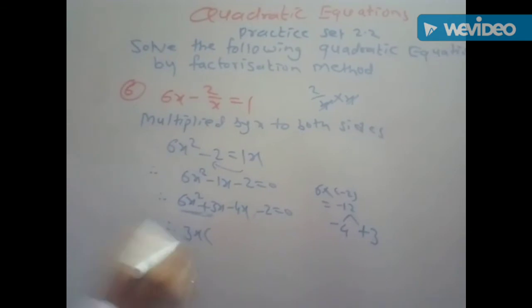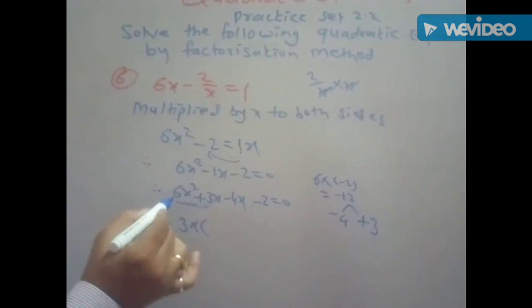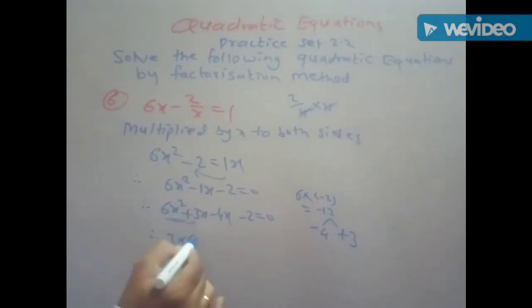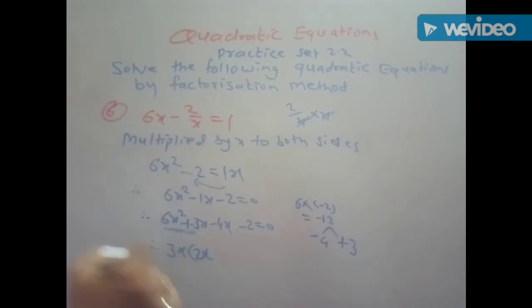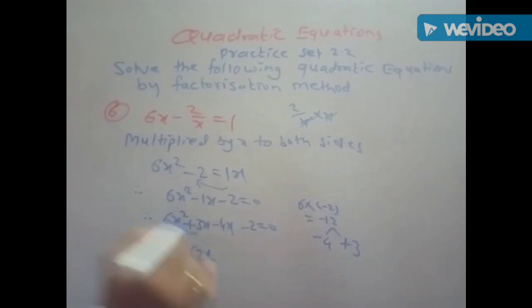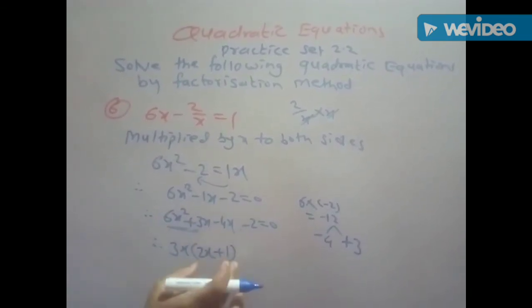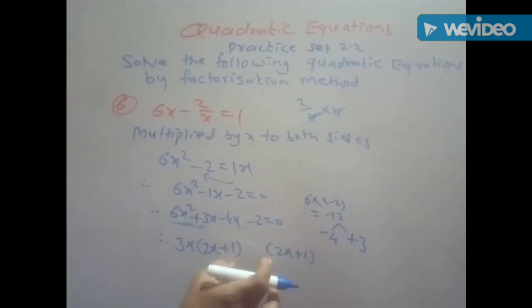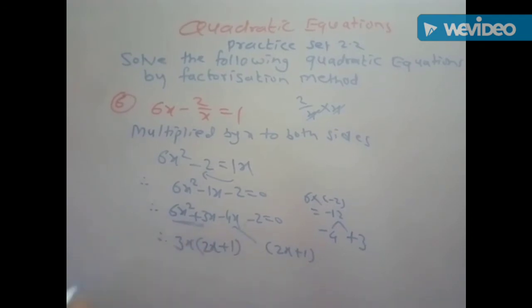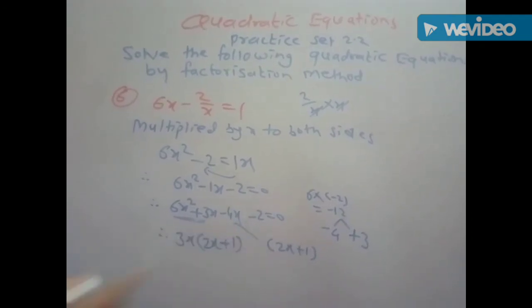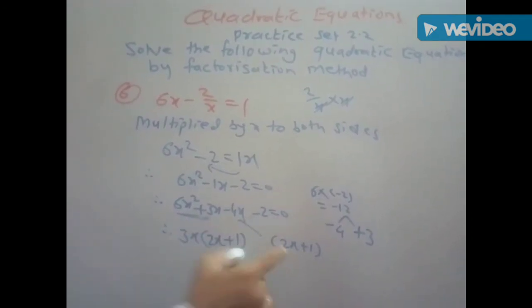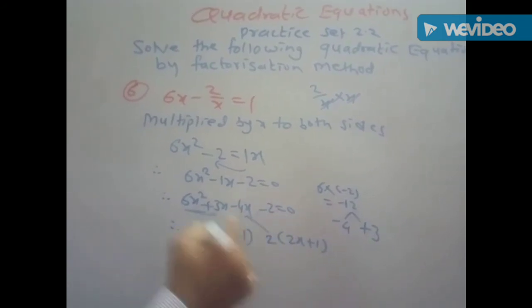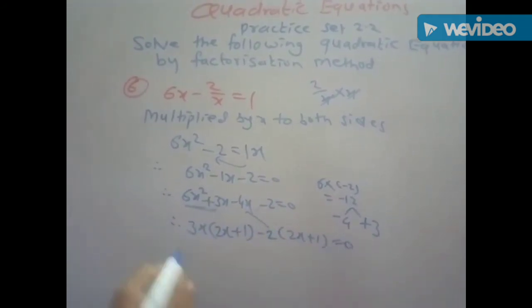Now from the first two terms, 2x gets common because 6 and 4 are multiples of 2. Then 6 and 3 are multiples of 3, therefore we take 3x as common. From 6x square, 3x gets common, 6 divided by 3, that is 2x. From 3x gets common, the remaining is 1, plus 1.